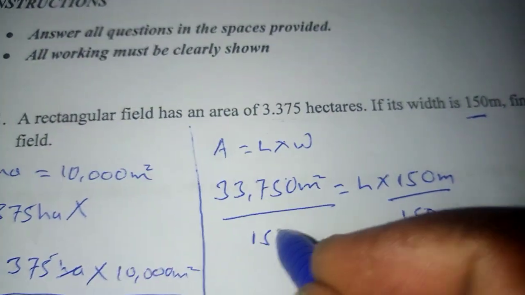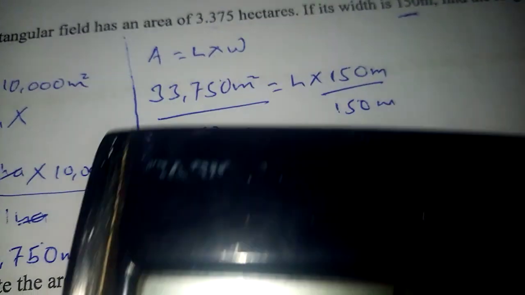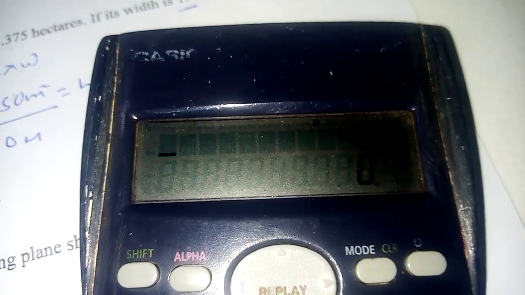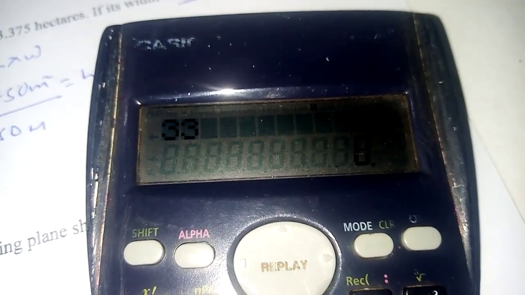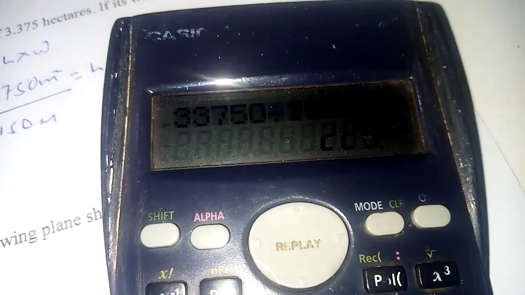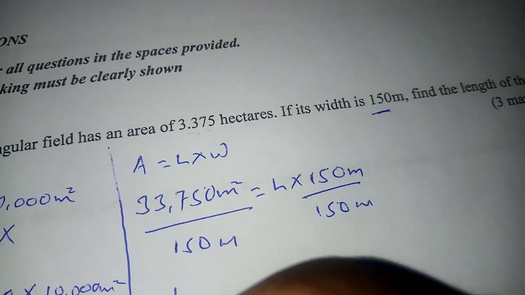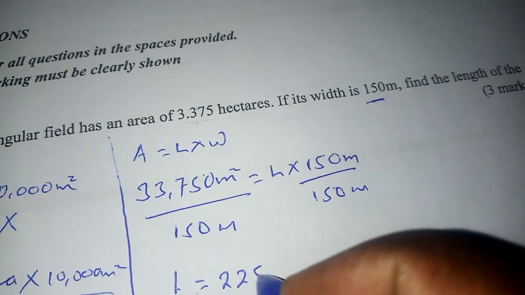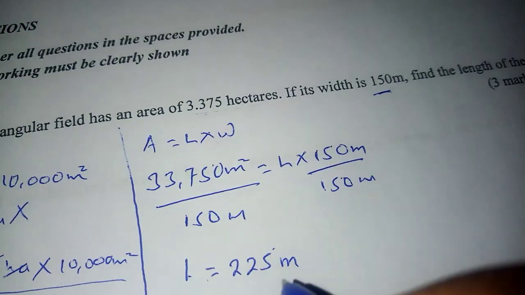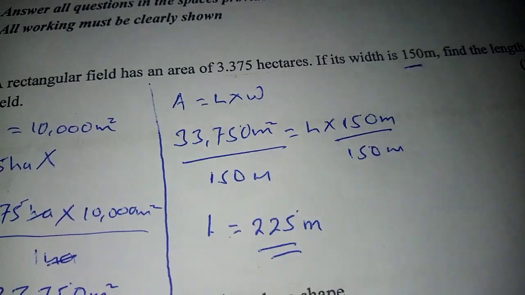So I take my calculator. 3,750 divided by 150, I get 225. So L equals 225 meters. The length equals 225 meters.